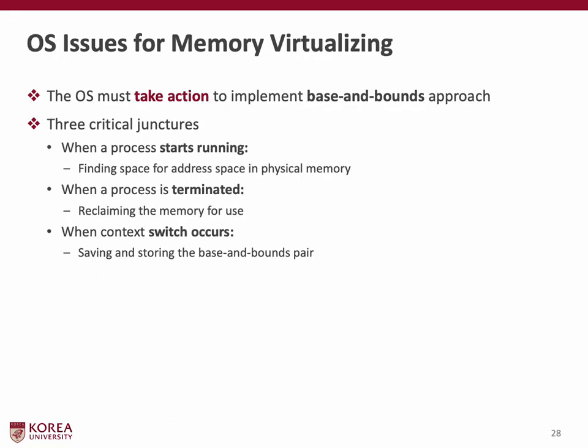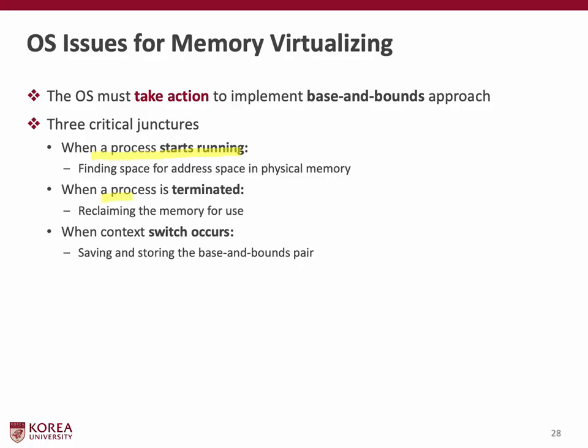Now let's look at what the operating system actually needs to do to implement the base and bounds approach. The OS must take action at three critical points. First, when a process starts running, the OS has to find the free space in physical memory where this process can be loaded.